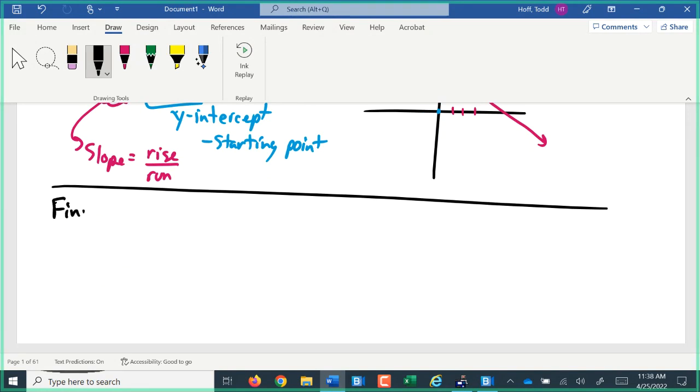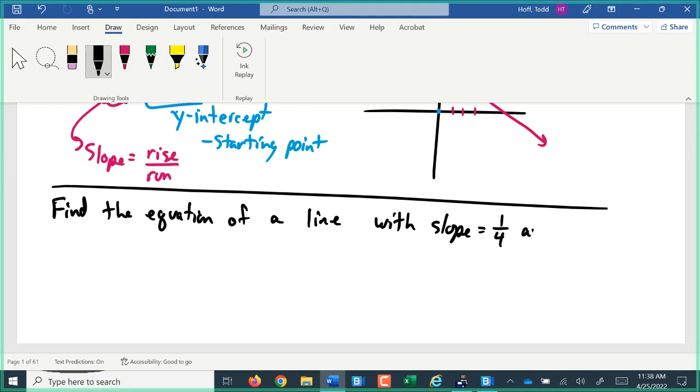If I ask you to find the equation of a line with slope of 1/4 and y-intercept of -2, well, there's really not a whole lot to do there.